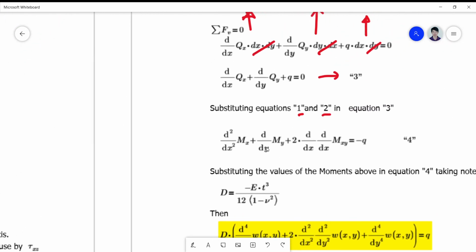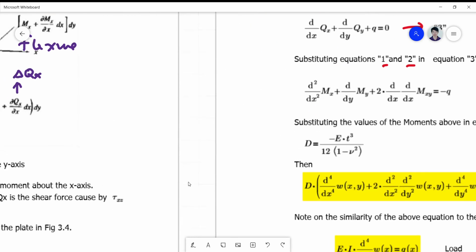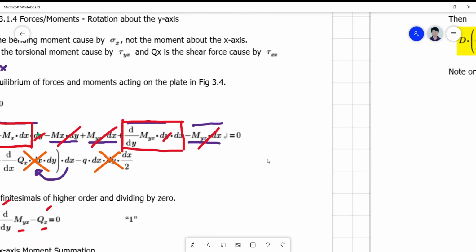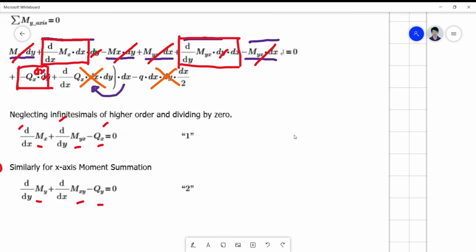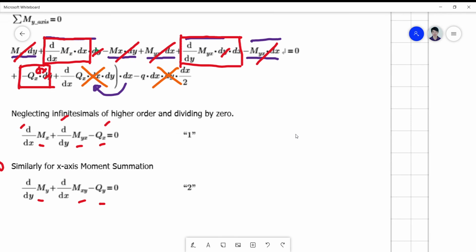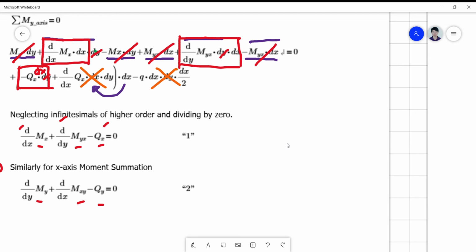Okay, so qx is simply the derivative of mx plus the derivative of myx.